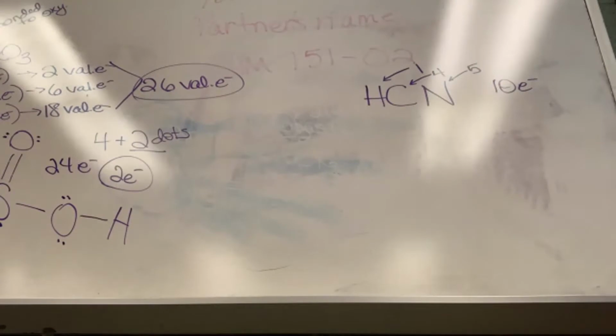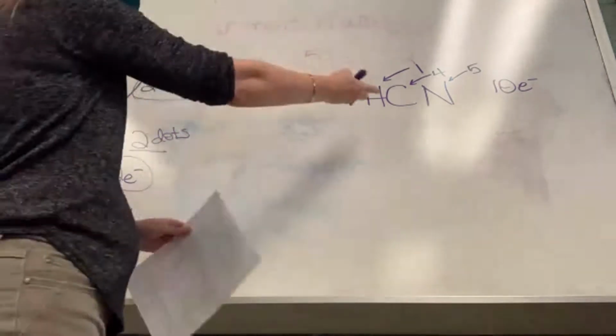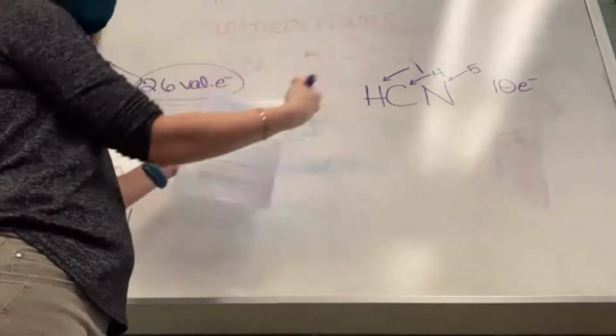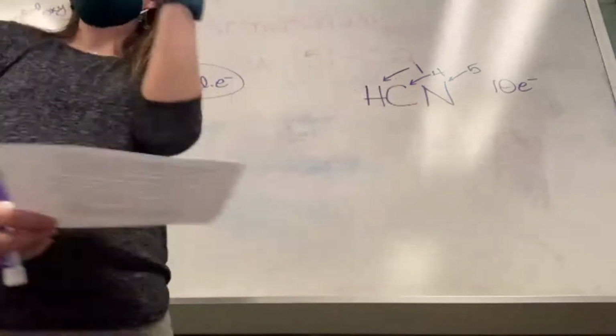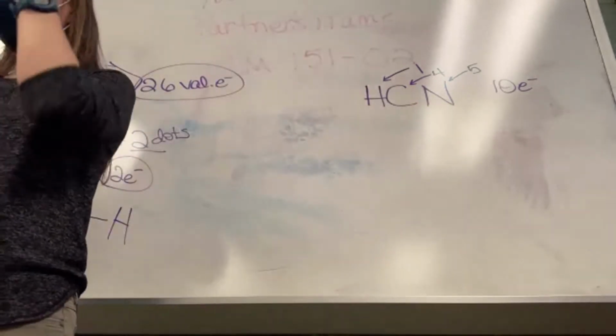Okay. HCN is really easy because, guess what order it goes in? HCN. But how can you figure that out? Well, you're going to put the atoms on paper. This is not really the atoms on paper because you've got to leave space for bonds. So anytime you see 2 symbols next to each other, you've got to space them out a little bit so you can at least draw the bond.